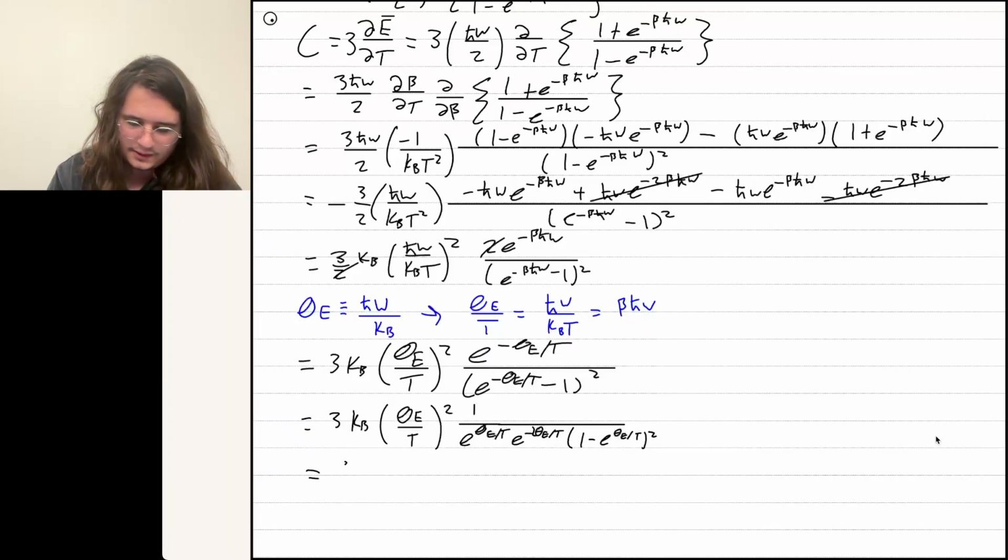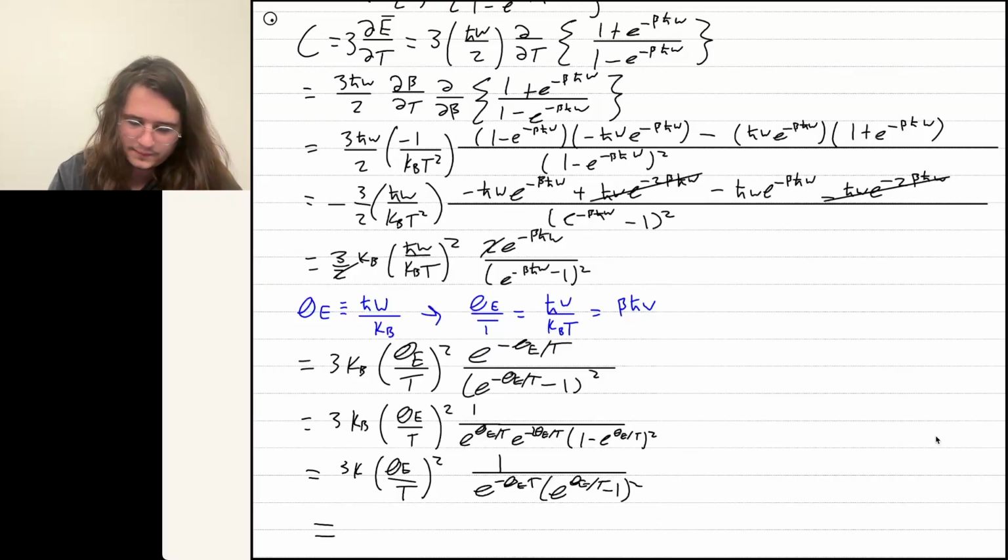Then cancel out the relevant stuff on the bottom. You'll get e to the minus theta_E over T times the thing e to the theta_E over T minus 1 squared.